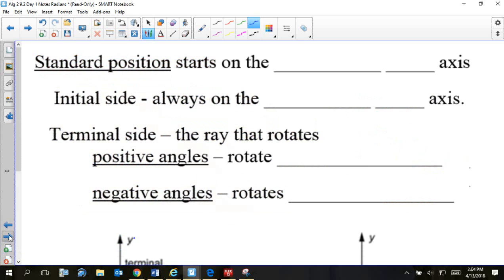So let's fill in the blanks. Standard position starts on the what? Positive x-axis. That's where we start. The initial side, always on the positive x-axis. This is the same thing.